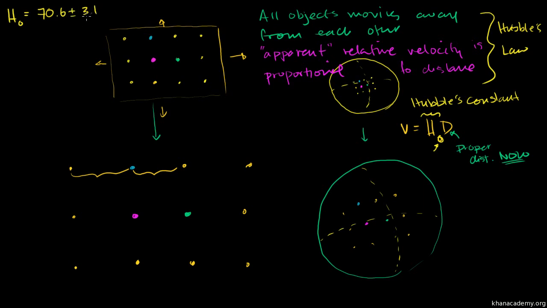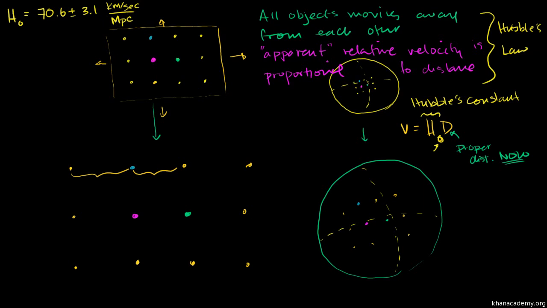So we have observed some variation here. There is some error to our actual measurements. The units are kilometers per second per megaparsec. And remember, a parsec is roughly 3.2, 3.3 light years.